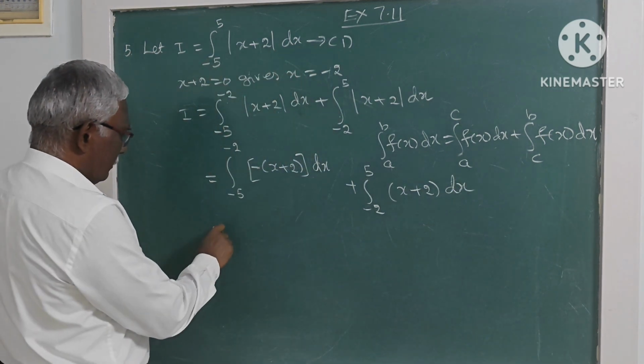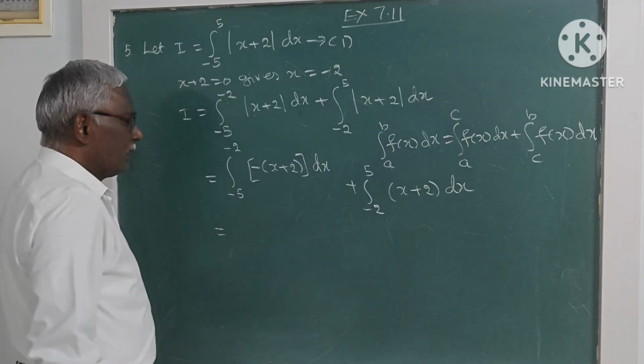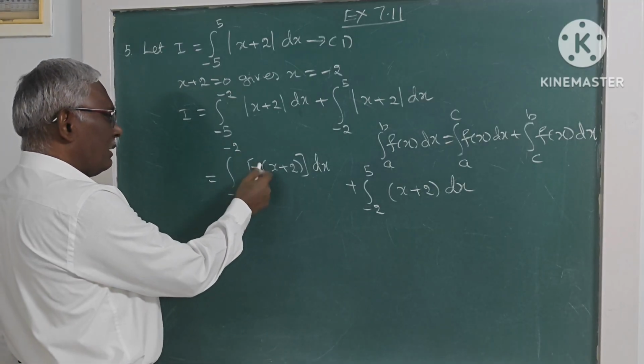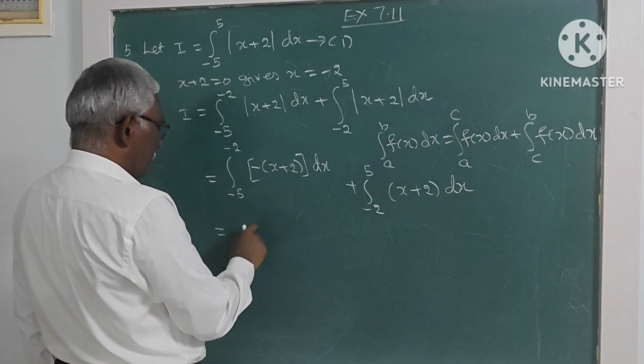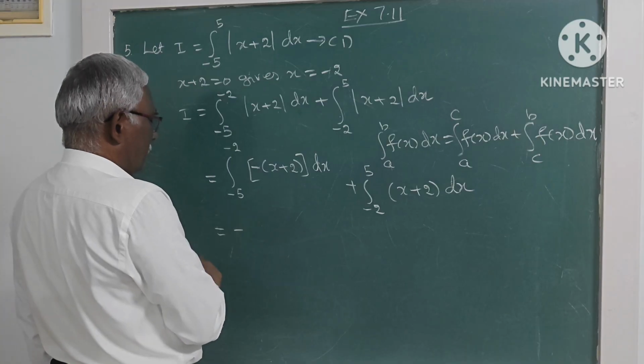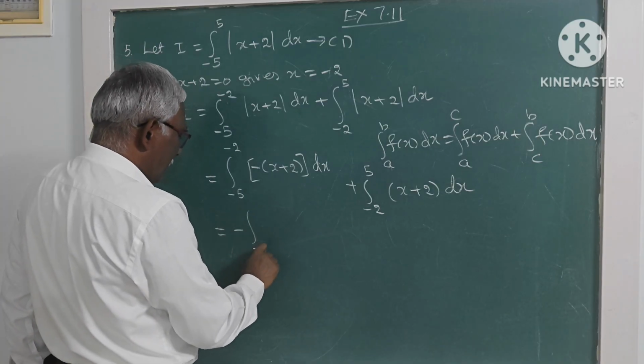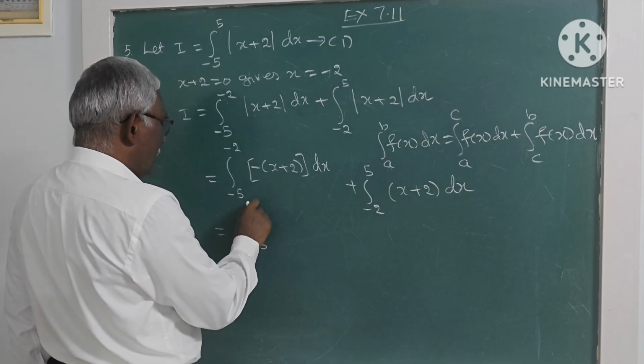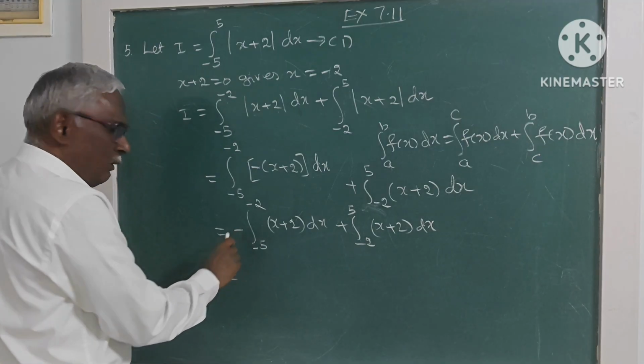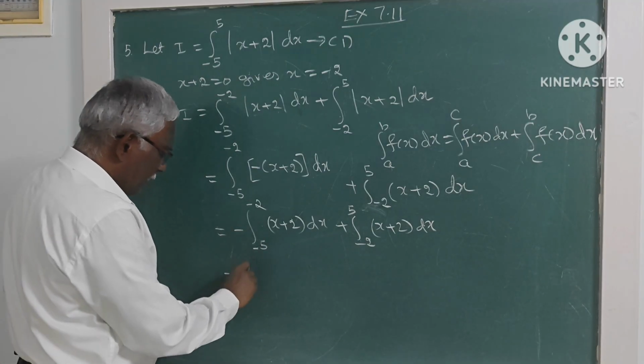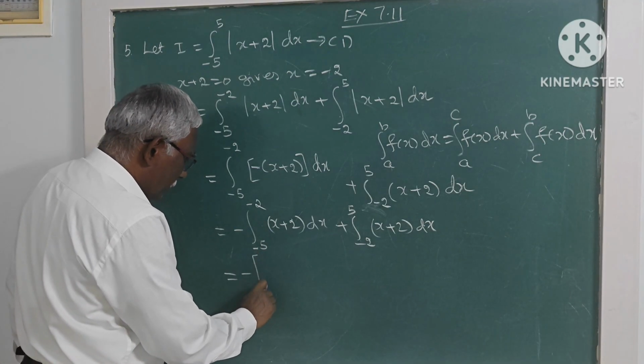Now this minus sign is there, the minus sign we will take outside, then the integral from minus 5 to minus 2, putting a bracket.